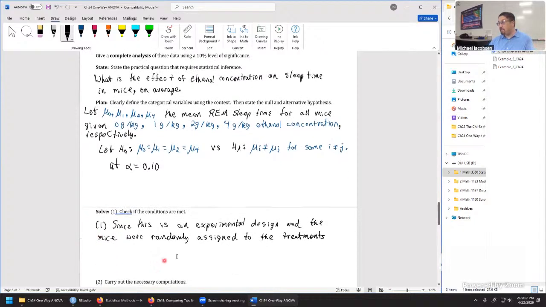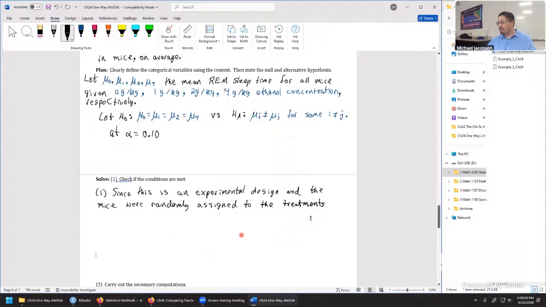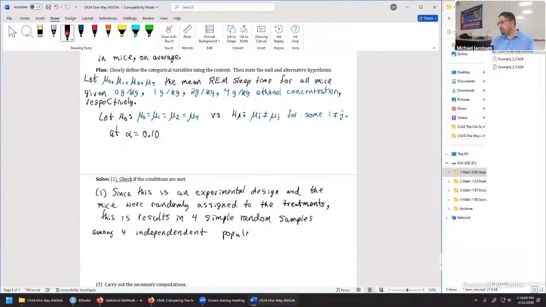That is a bit redundant. A bona fide experimental design will give random assignment to the treatments, but we're just saying here for randomization purposes, being a little redundant. Hang on, let me change my wording. This results in 4 simple random samples among 4 independent populations.